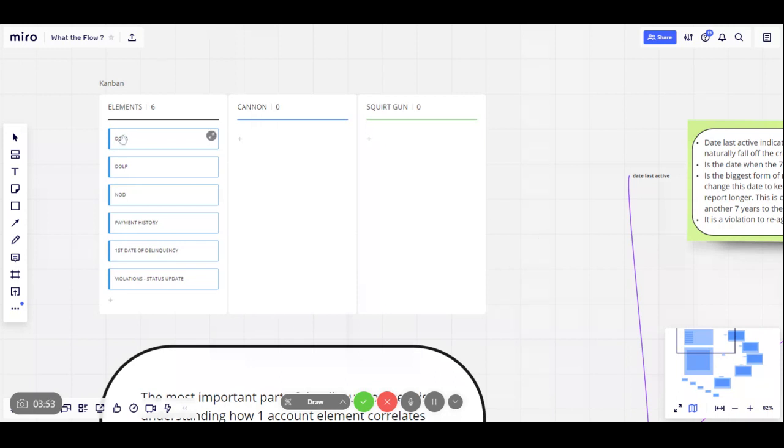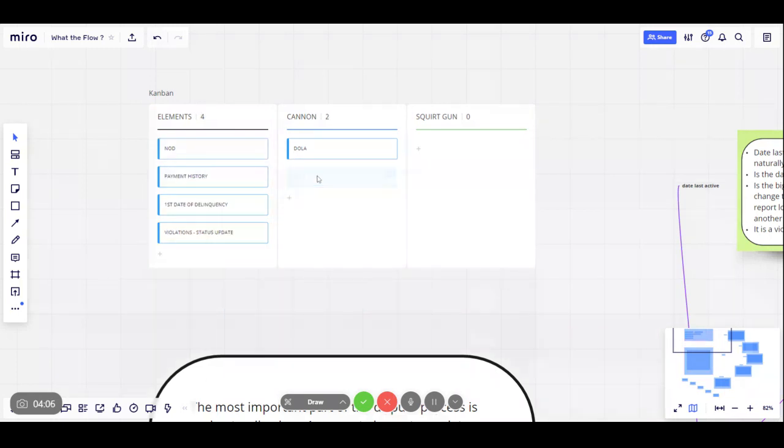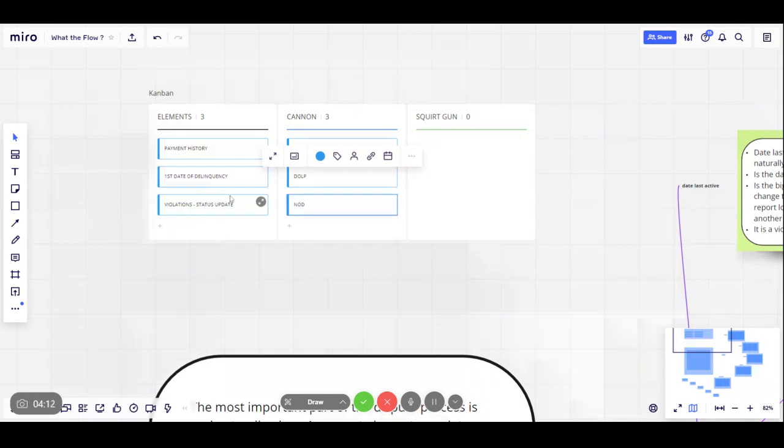The ones that are your cannons are going to be date last active, which I'm just going to drag over here, date last paid, and notice of dispute. I am not saying that payment history, first date of delinquency, and violations are squirt guns. What I am saying is that your cannons, your best possible reasons, are going to be date last active, date last paid, and notice of dispute.